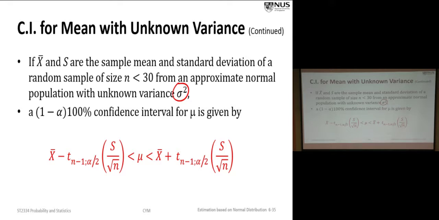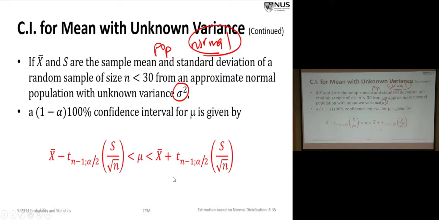But remember, you need the underlying distribution to be normal in order for this to work. All right? So the population has to be normal, or close to normal, in order to use this.